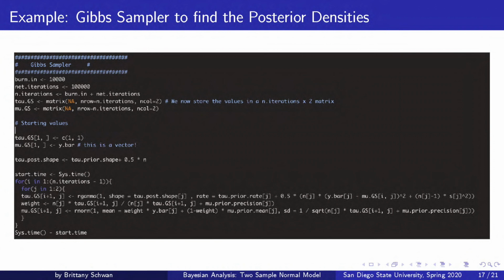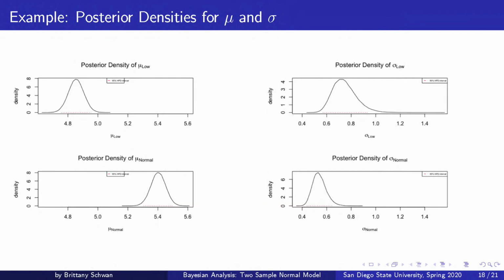The Gibbs Sampler draws from the conditional densities of tau and mu to approximate the posterior densities. These conditional densities are based off of both our data set as well as the prior distributions. After running the Gibbs Sampler, we obtained the following plots for the posterior densities of mu and sigma for the low and normal groups.